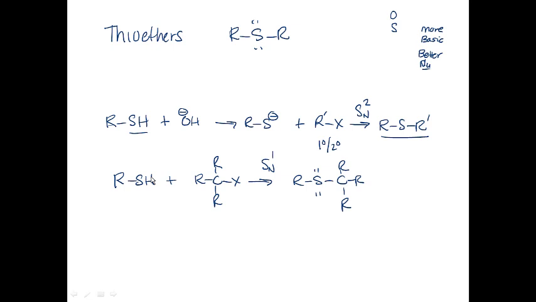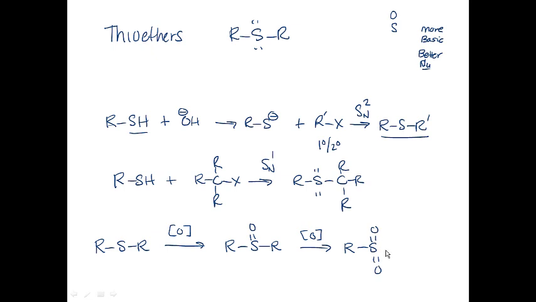Now, the big difference in a thioether and an ether is that I can take my thioether, I can treat it with an oxidizing reagent, and I can now form a sulfur-oxygen double bond. And if I continue to treat it with a more harsh oxidizing reagent, then I can actually oxidize the sulfur even further.